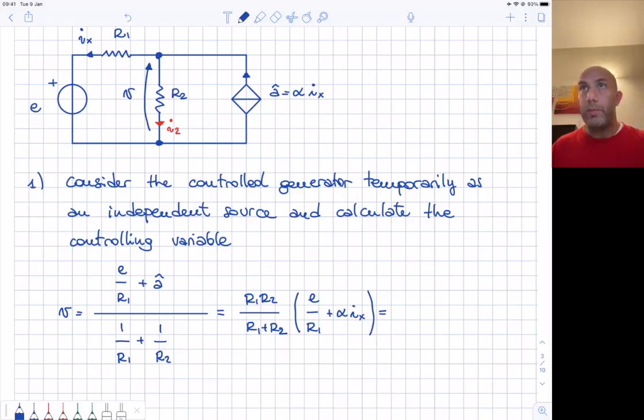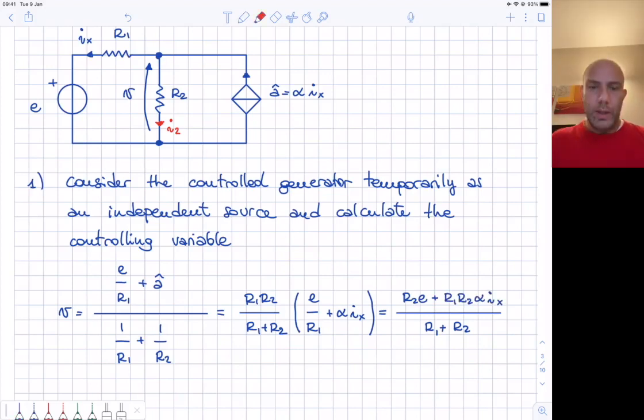If we use the common denominator, we have a fraction with R1 plus R2 at the denominator, and at the numerator R2 E plus R1 R2 alpha Ix.